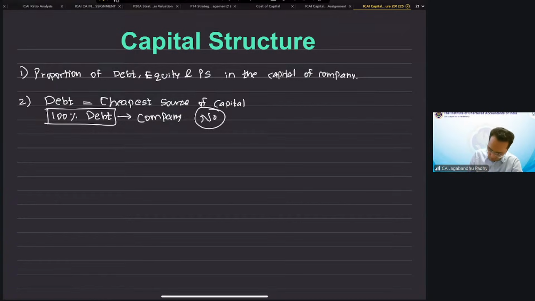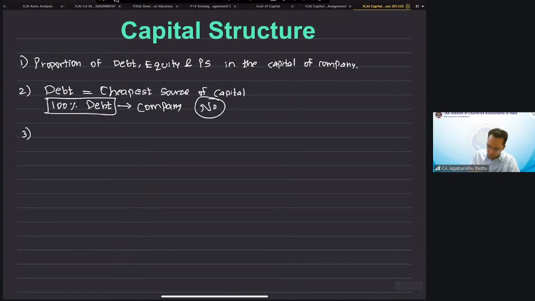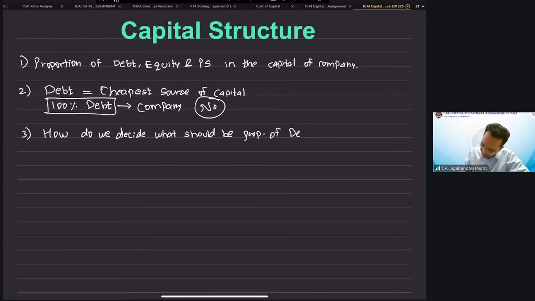The question is, how do we decide what should be the proportion of debt and equity, guys?